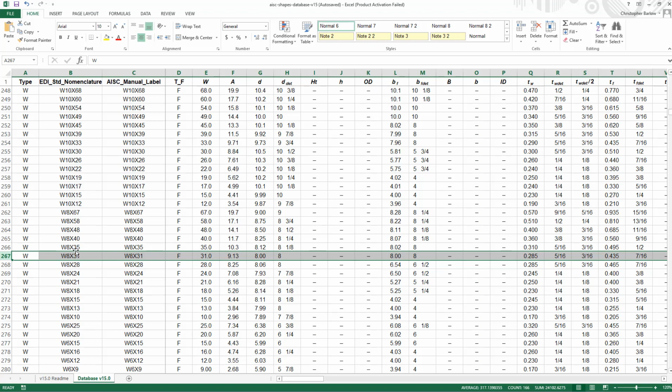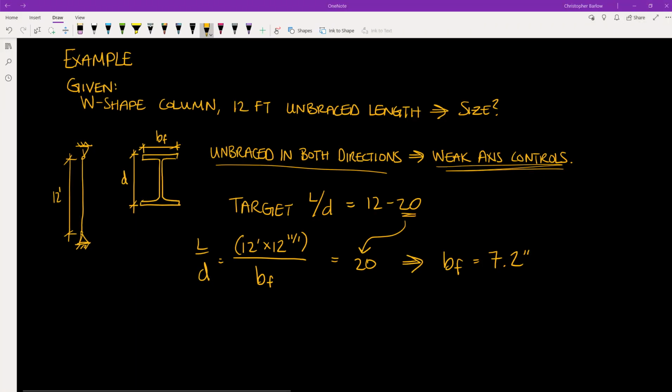And so that will be the section size that we choose. So we have a W8 by 31 for our section. And that has a flange width of 8 inches, which is greater than 7.2.